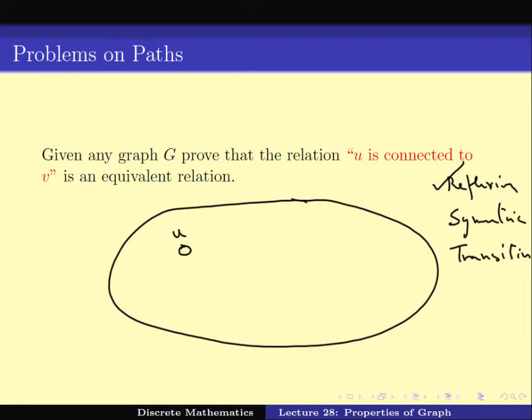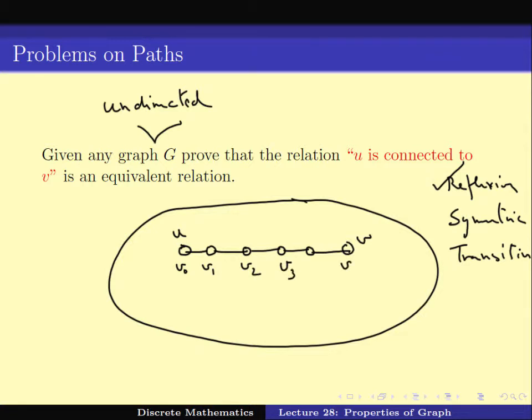Now, if there is a path from U to V, now by the way, this one I had pointed out last time also, here we mean that the graph is undirected. The graph is undirected, so there is a path from U to V, right? So, if this one is, as we have denoted, V0, V1, V2, V3 till Vk.